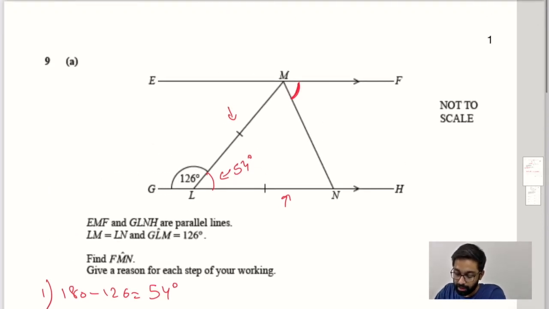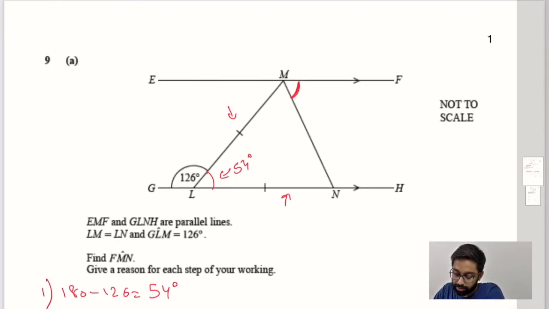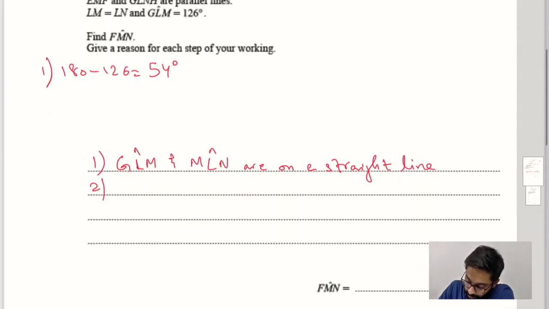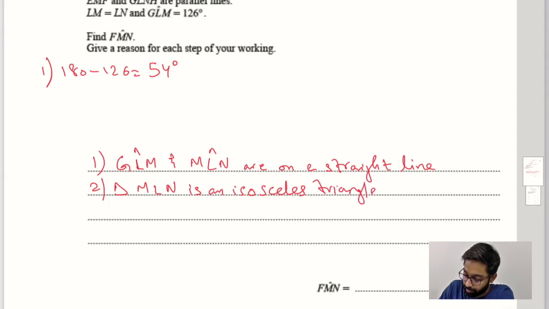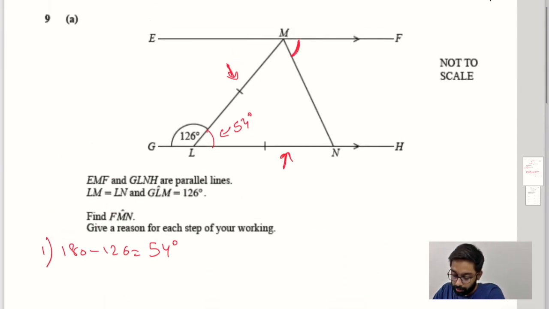Let's move on. The second thing that you should notice is that if line LM and LN are equal, that means this triangle LMN is an isosceles triangle. So let's write that. Triangle MLN is an isosceles triangle. How does that help us?